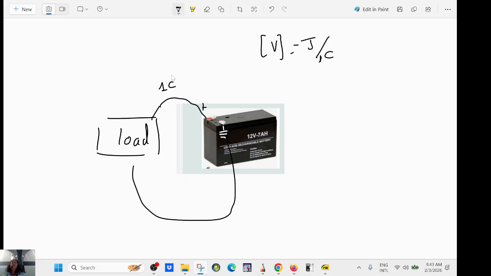So imagine 1 coulomb of charge here is carrying 12 joules of energy to supply the load. And it depends how many coulombs of charge, that will be the current. But that's the meaning of voltage.